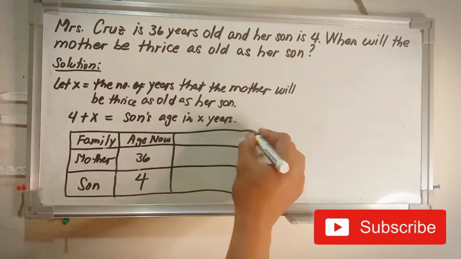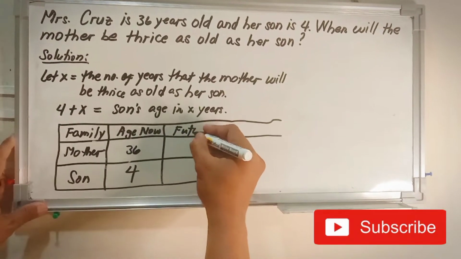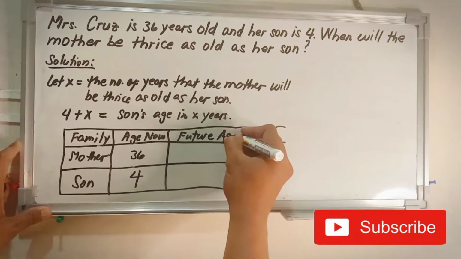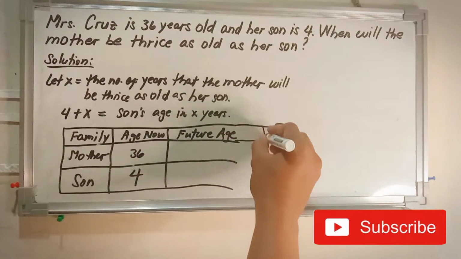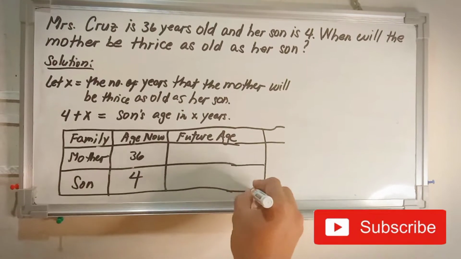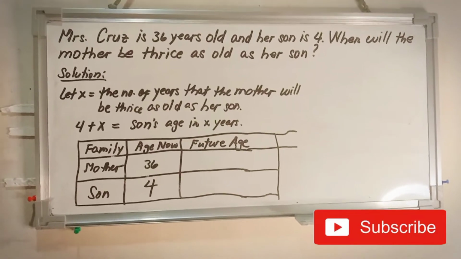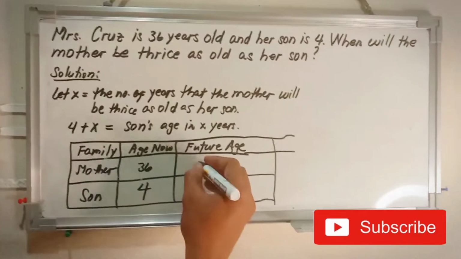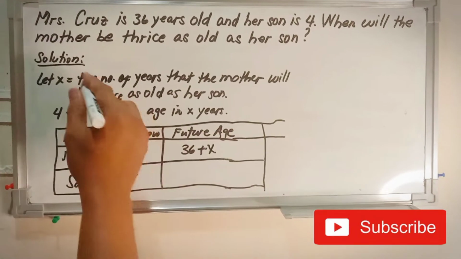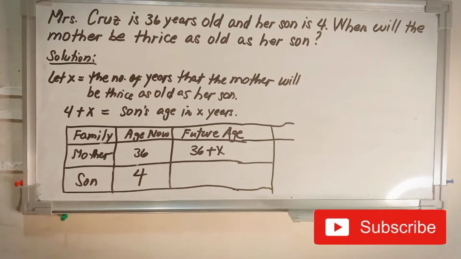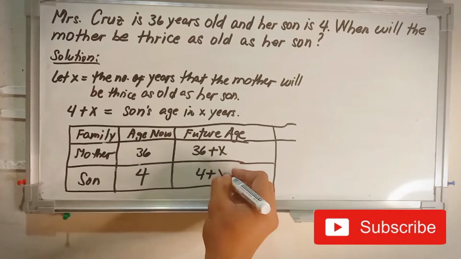Now, what will be their future age? As you can see in the problem, guys, the future age of the mother will be 36 plus x, our variable, and the son will be 4 plus x.